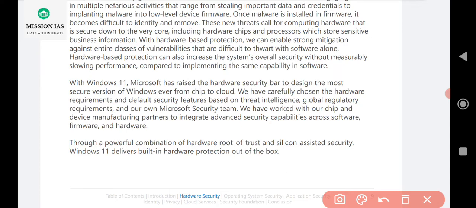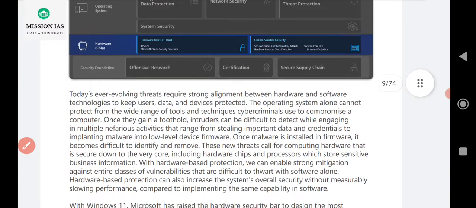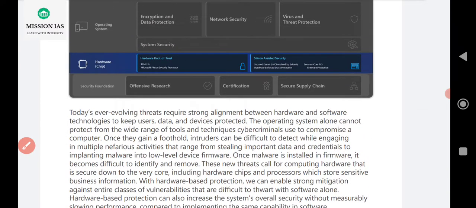So this is how the introduction of hardware chips provides a very secure environment from hardware to software. Not even a single person can do all the tasks; it is all about a team.